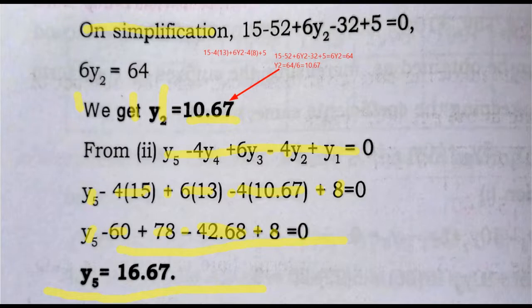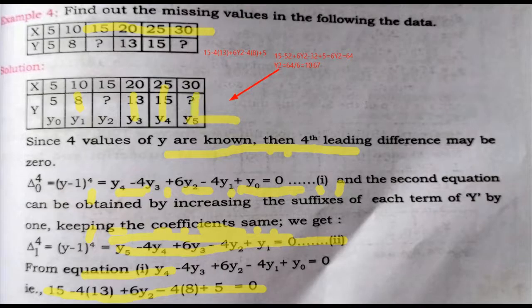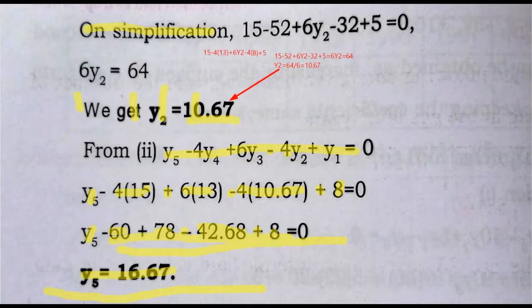Just take a calculator and simplify it, and I will get the value. y5 is equal to 16.67. So the value of y5 is 16.67.